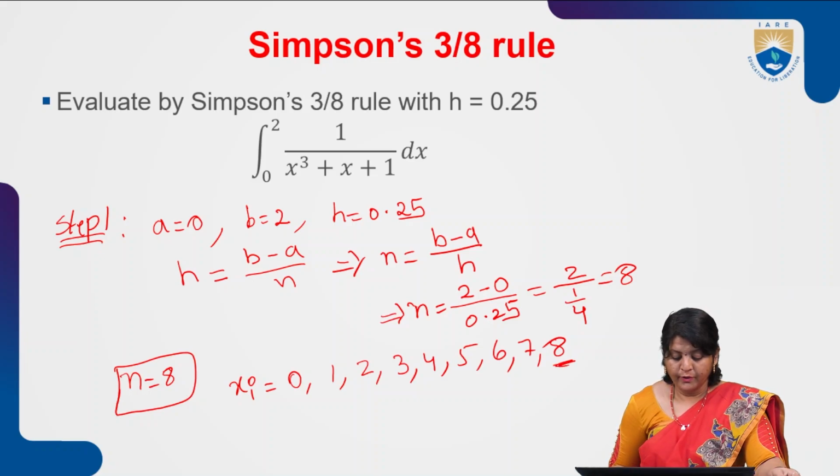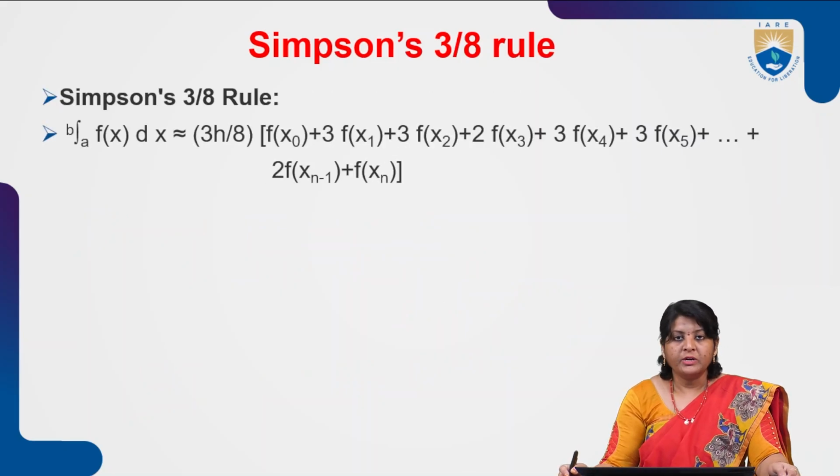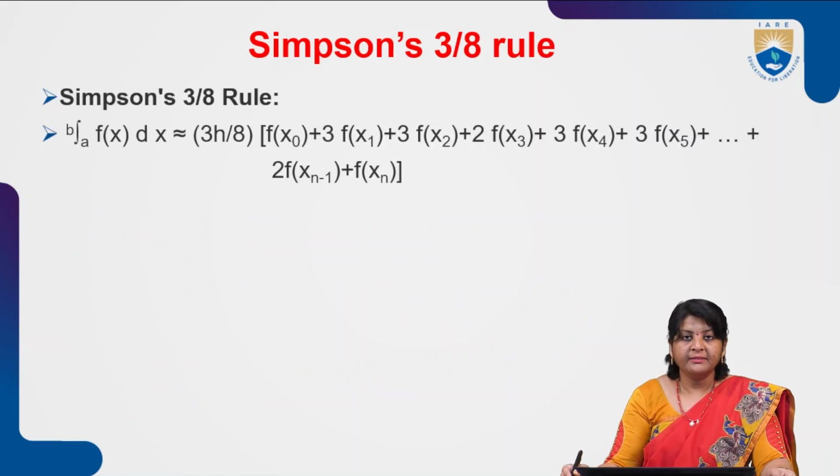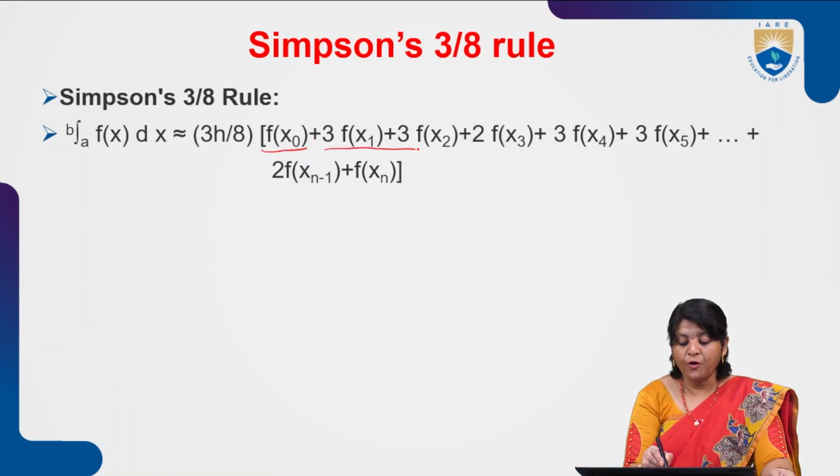Now we will find all these values, and the formula for Simpson's 3/8 rule is 3h/8 into [f of x0 plus 3 into f of x1 plus 3 into f of x2 plus 2 into f of x3 plus 3 into f of x4 plus 3 into f of x5 plus and so on, plus 2 into f of x(n minus 3) plus 3 into f of x(n minus 1) plus f of xn].